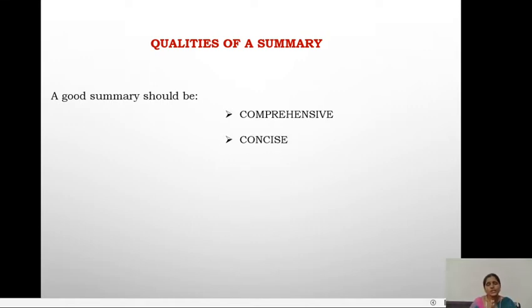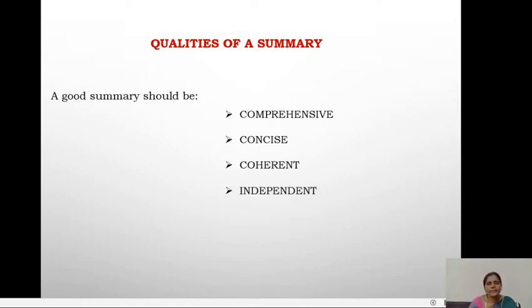The other thing is it should be concise, so it should be short and brief. It should be coherent, so there should be connectivity throughout your summary. All the thoughts that you expressed in your summary should be connected so that the reader gets a better understanding.